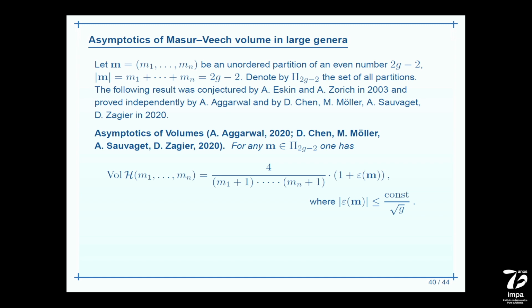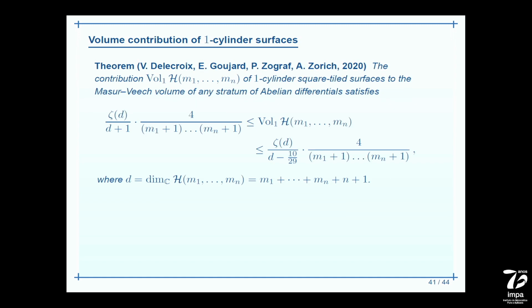We know, due to results of colleagues, asymptotics for the Masur-Veech volume, which is sort of a count of all square-tiled surfaces. We found their contribution to this volume of one-cylinder square-tiled surfaces, and both expressions are fairly nice.